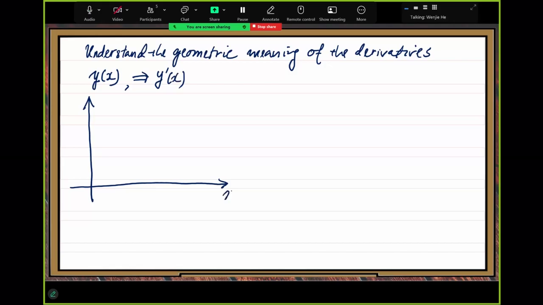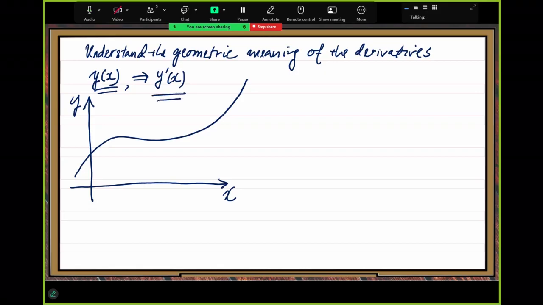So x-axis, y-axis. First, we need to draw the graph of y of x. Suppose we have a graph like that.